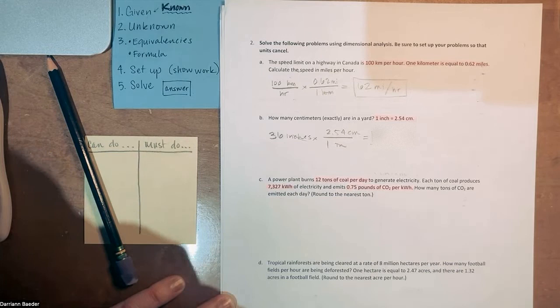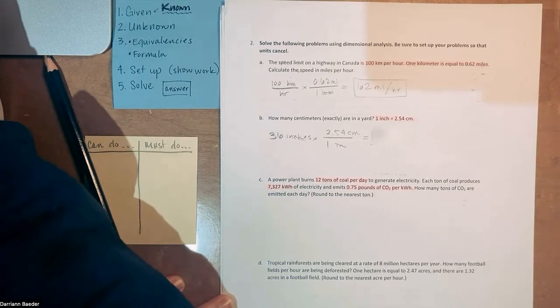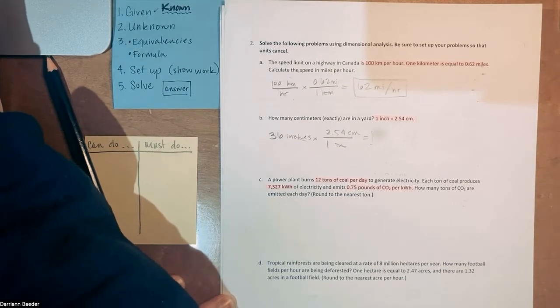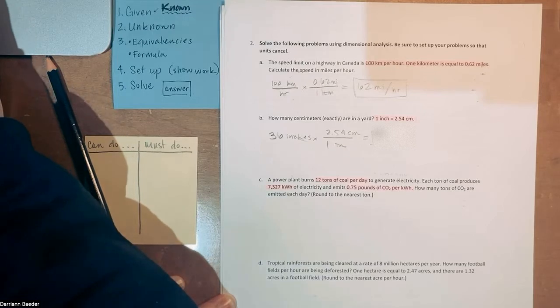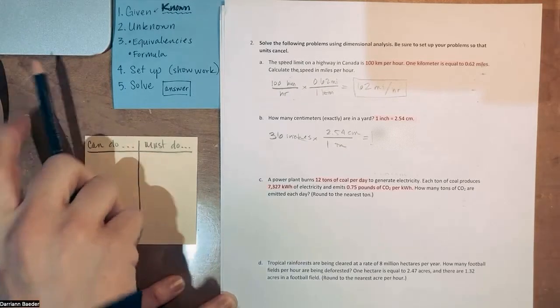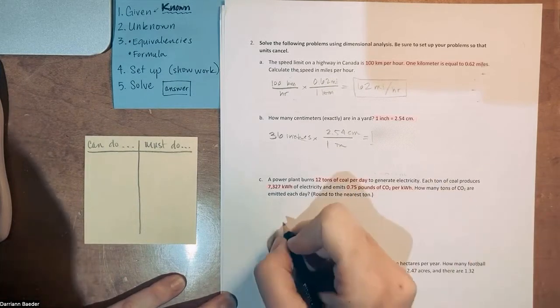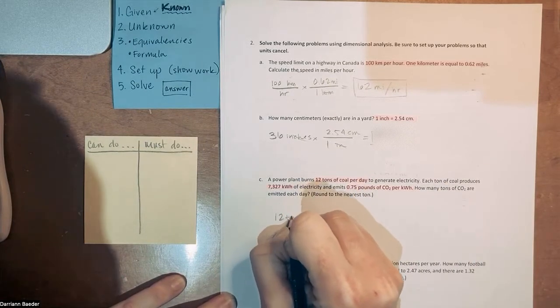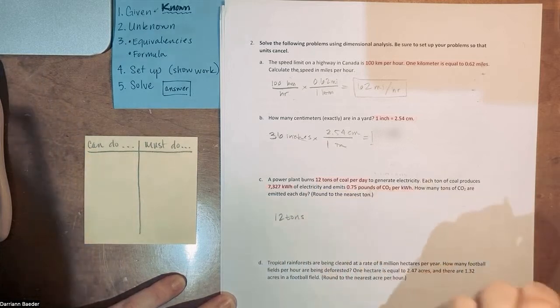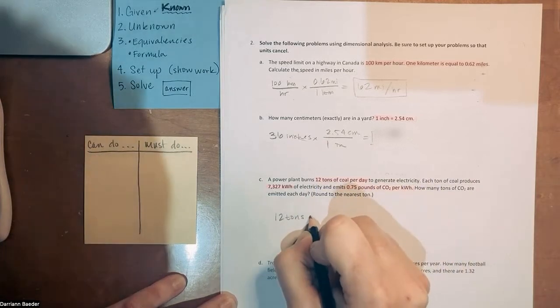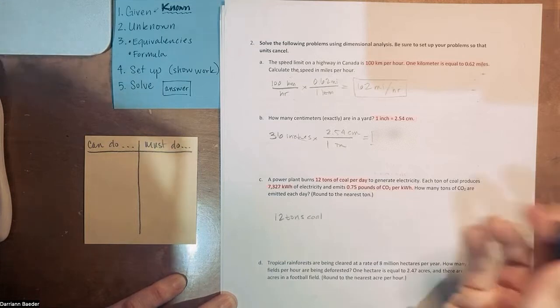So you don't necessarily need to say per day because the whole conversion is going to be per day. So we're going to start off with 12 tons of coal. This per day and this per day we know is going to stay. This makes it a little easier. And you can put it over per day, but that per day is going to stay.